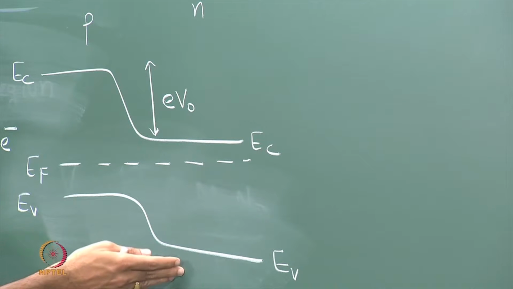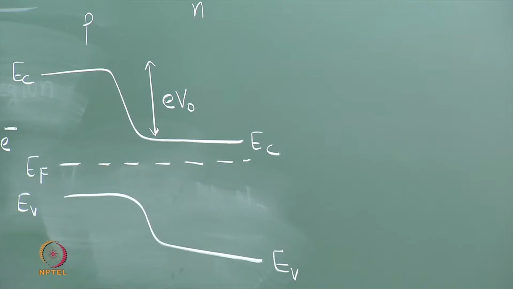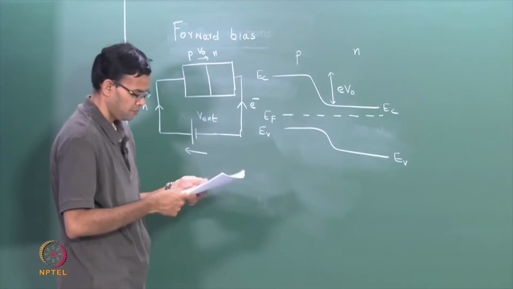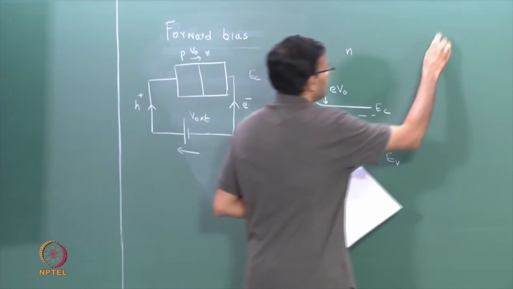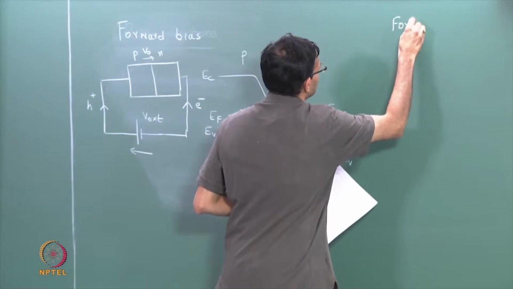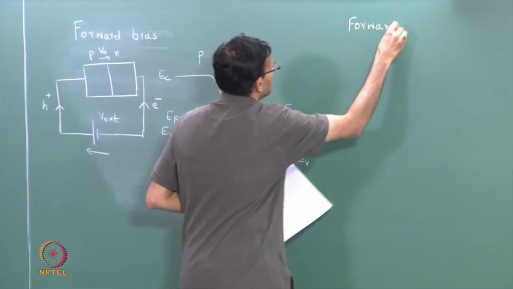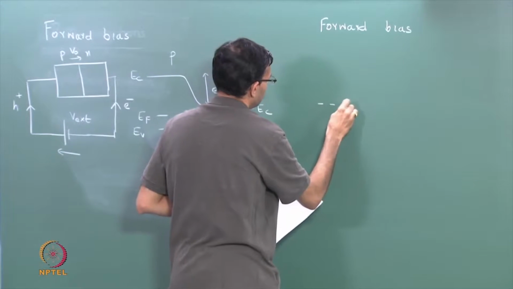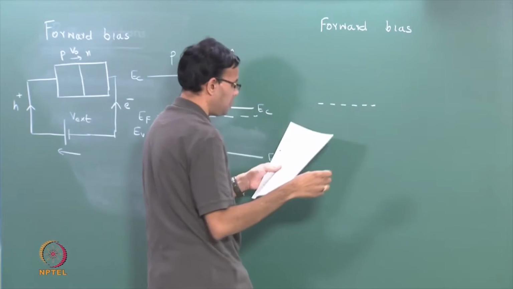So what we can say is that the N side has shifted up, and it's shifted up depending upon the value of the external potential. So if I redraw this in forward bias, this is my P side.